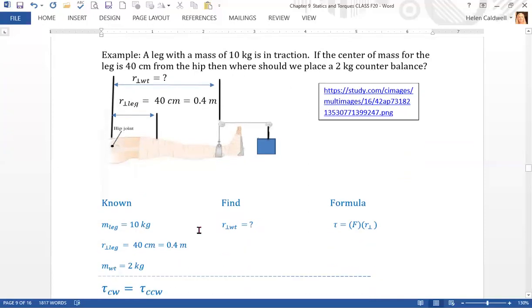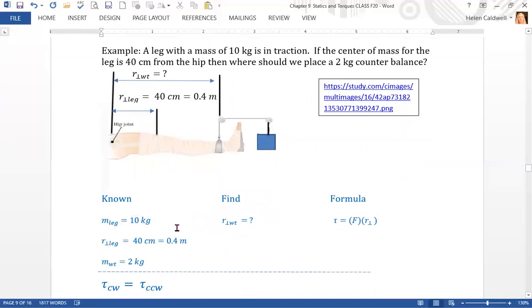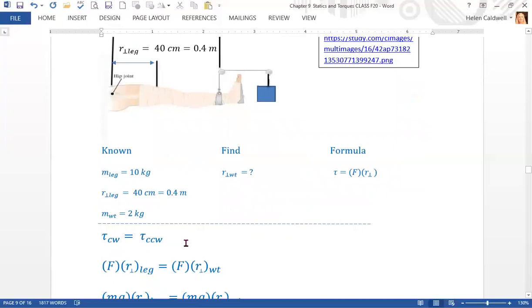So what do we know? We know that the mass of the leg is 10 kilograms and that the lever arm would be 0.4 meters. We know the mass of the counterweight is 2 kilograms, and we're looking for the lever arm for the counterweight. We know that torque is force times lever arm, and we know that clockwise torques equal counterclockwise torques.